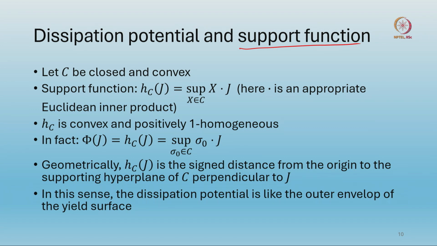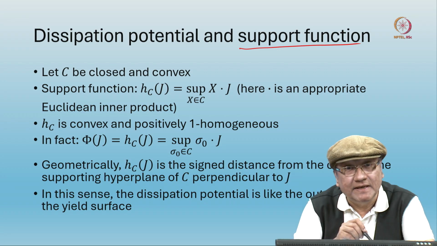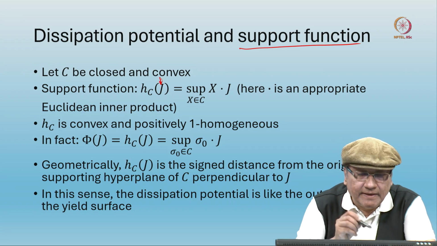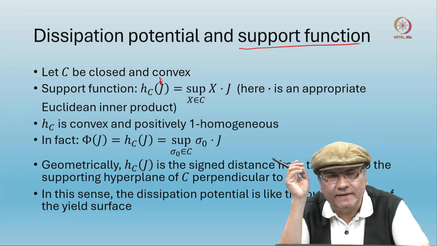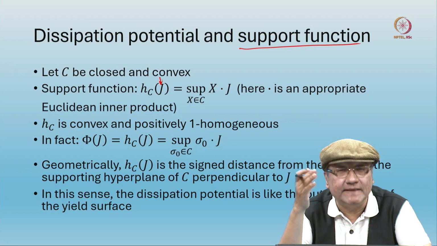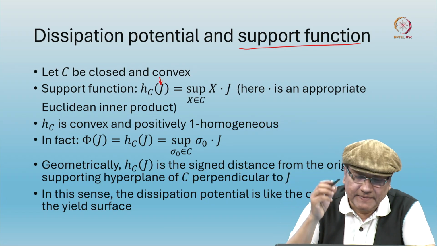So let us consider C to be closed and convex. C is the set of all admissible stresses. Now the support function over this set C, but note that the support function is not a function of the stress, it is a function of the J, that is the thermodynamic fluxes like the strain rates and things like that.